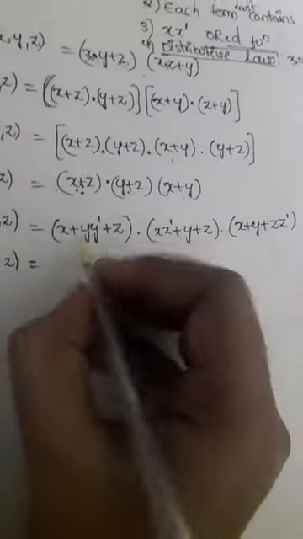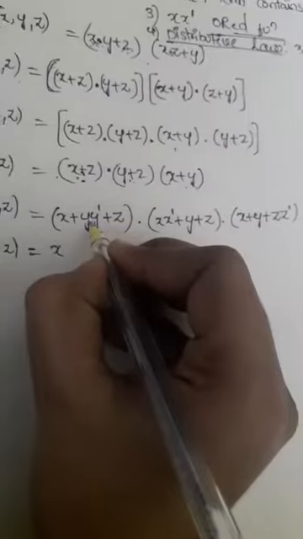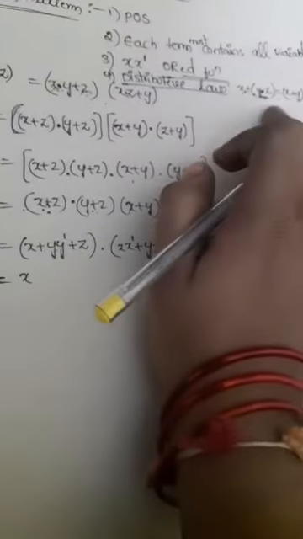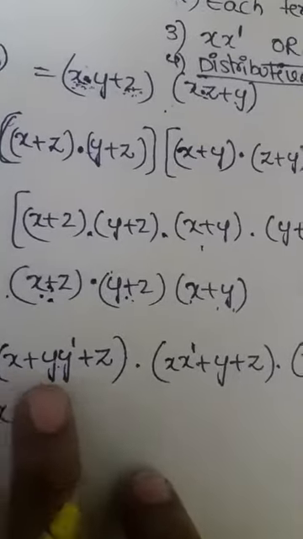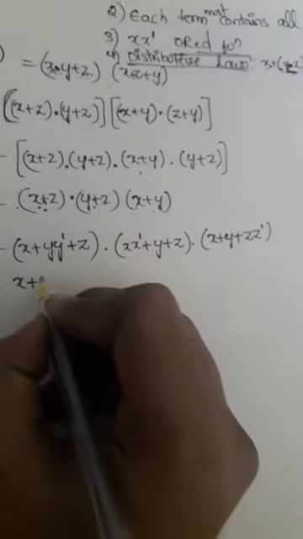So x, y, z. Here again we have the distributive rule. That means any product term will be divided into two parts, right? Just check it, this is the product term and this is the OR term. So I can divide it into two parts here: x plus y plus z.